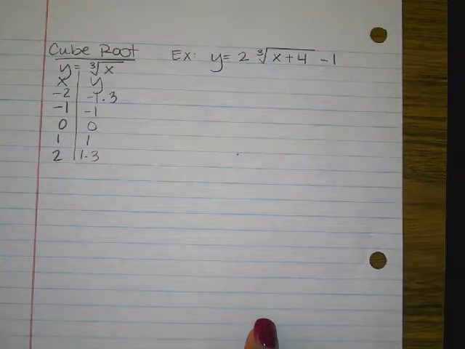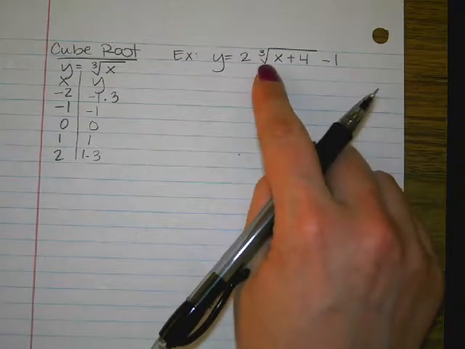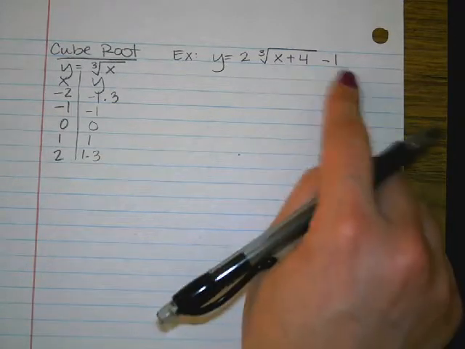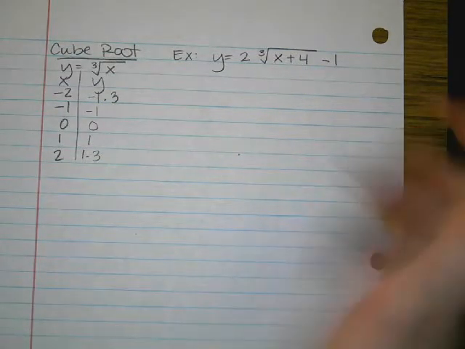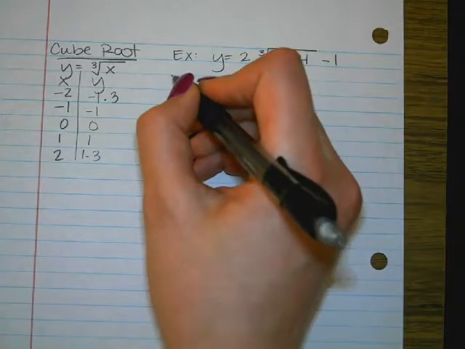So that's the example we'll do this time. Is the -1 outside the thing? Yes. So here we don't have parentheses, but the root sign kind of acts like parentheses. So this is your inside, that's your outside. All right, and before we go too far with the example, let's go ahead and draw a sketch of the parent function.